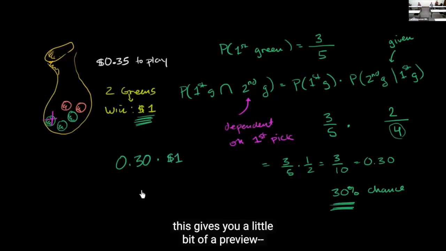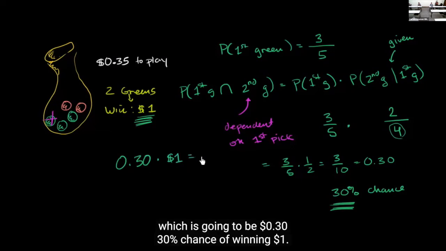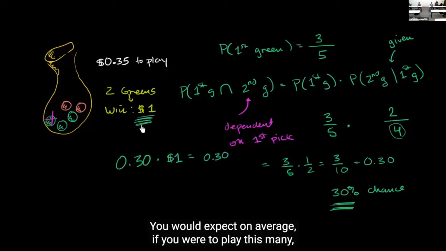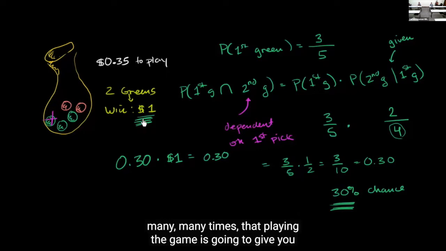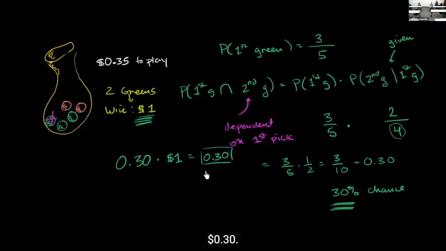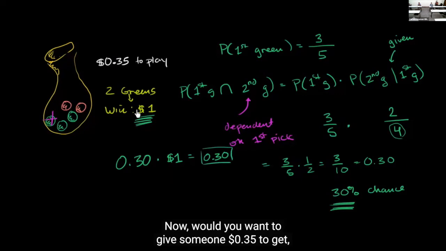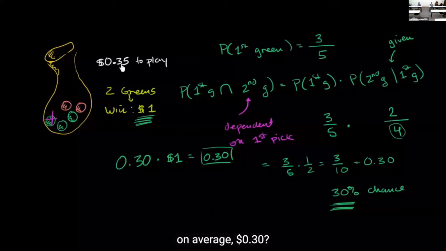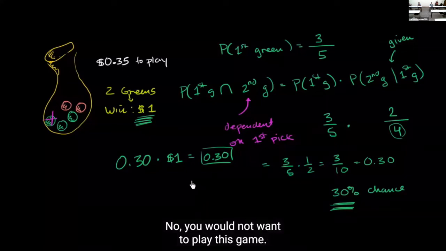This gives you a little bit of a preview, which is going to be 30 cents. You would expect, on average, if you play this many times, that playing the game is going to give you 30 cents. Now, would you want to give someone 35 cents to get on average 30 cents? No, you would not want to play this game.